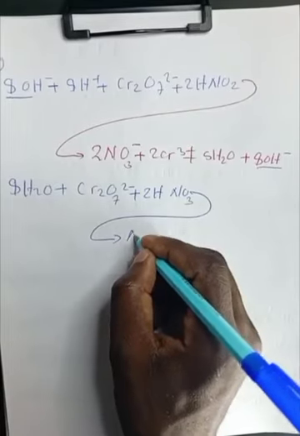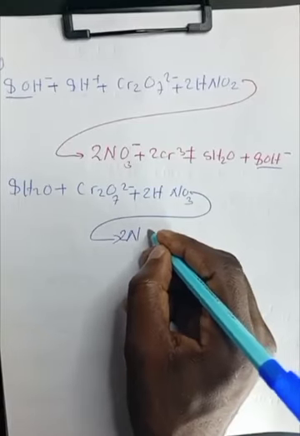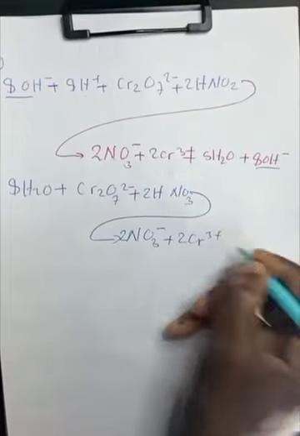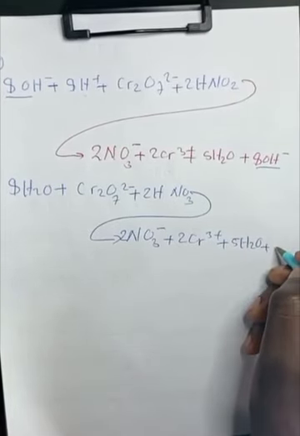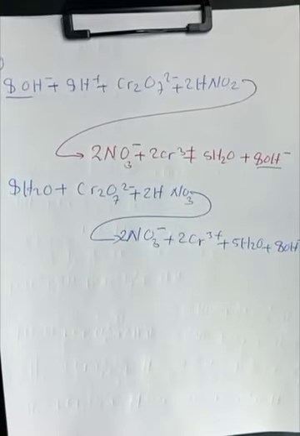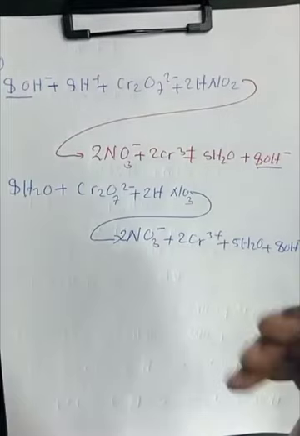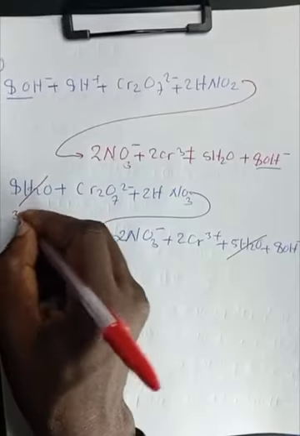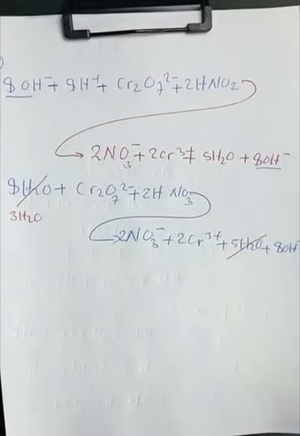We have also 2NO3 minus plus 2Cr3 plus 5 H2O plus 8 hydroxide ion. Okay, so we know that something had to cancel. The 5 water molecules go, the 8 will be reduced to 3H2O. What else has to cancel here? I think nothing else. So just that.